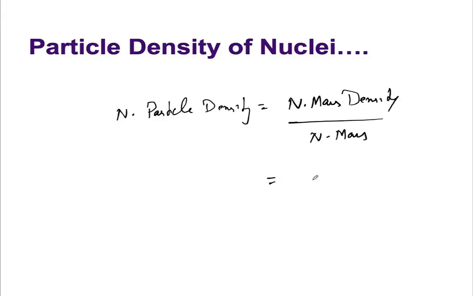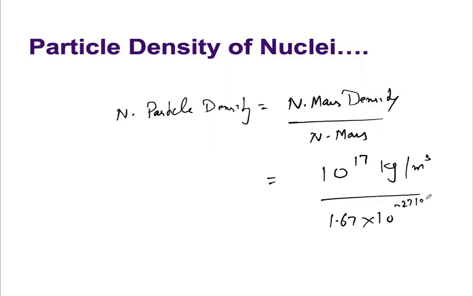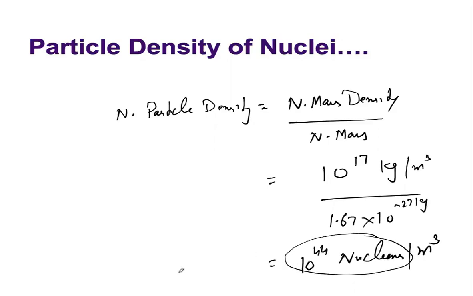The nuclear mass density which we have derived is of the order of 10^17 kg per meter cube, and the nuclear mass is 1.67 × 10^-27 kg, and it comes out to be 10^44 nucleons per meter cube. This is a very huge number. So you can have an idea of how many nucleons are present per meter cube volume of a nucleus.